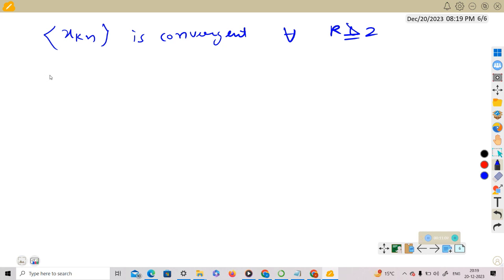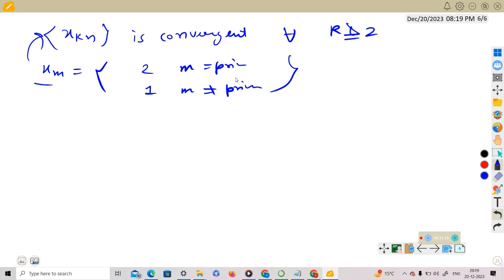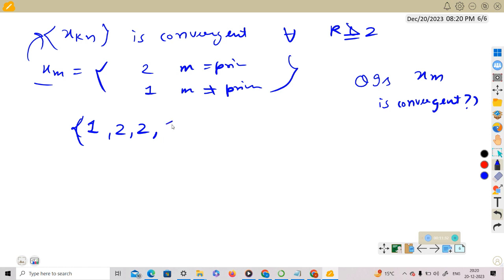Now again, how does the sequence look like? x_m was 2 if m is prime, 1 if m is not prime. So we have an example of a sequence which satisfies this property. Now the question is, is x_m convergent or not? You can simply see that it looks like 1, 2, 2, 1, 2, 1, 2, and so on.